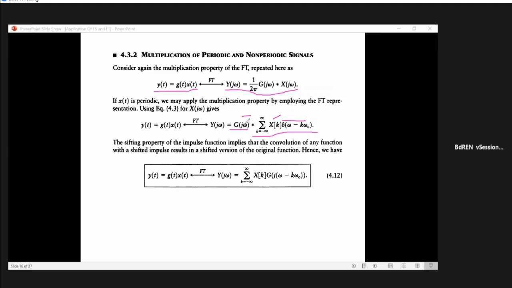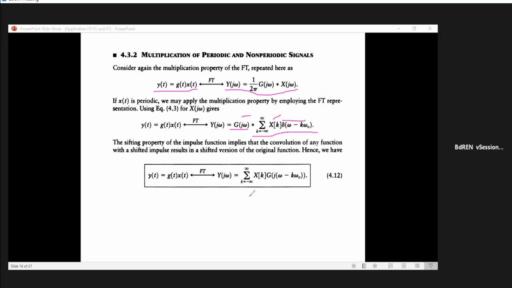So as a result, the spectrum G(omega) will be shifted by an amount determined by k omega 0. The resulting output Y(omega) would be, because a 2 pi was there with this factor, that is cancelled.